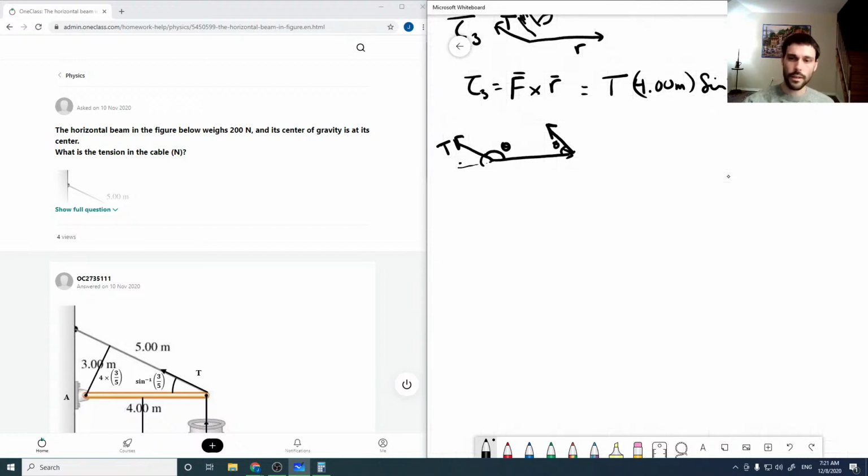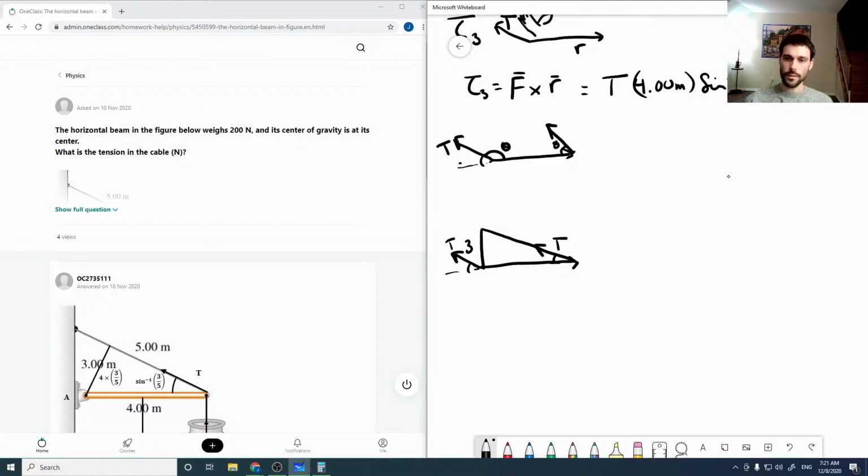I'm going to re-sketch the figure just to make this even more obvious. So we've got a triangle like this. Our tension is acting this way. So there's our sketched tension joined end to end. So that angle and that angle are the same.